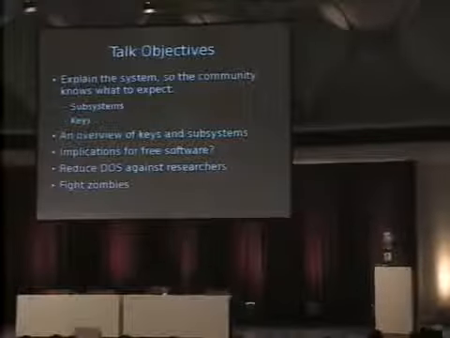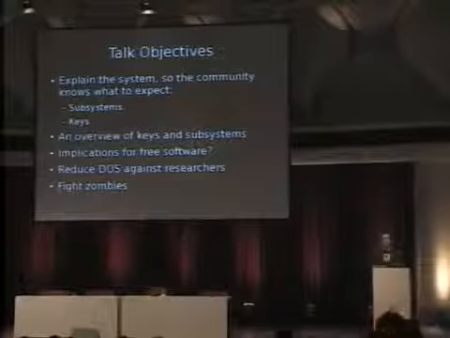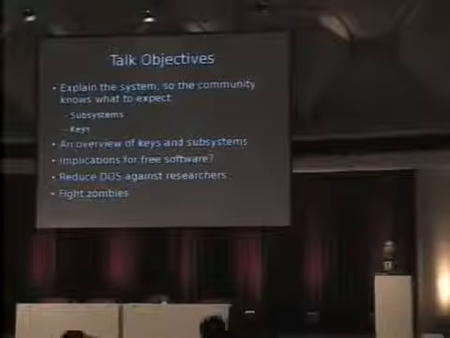To try and answer what the implications of this standard for DRM will be for free software and the open source software world. And also to reduce what I would almost call a denial of service against researchers or programmers who need to work around high definition video, because if you look at the specifications for AACS, they're enormous. They're like many hundreds of pages of technical documentation.